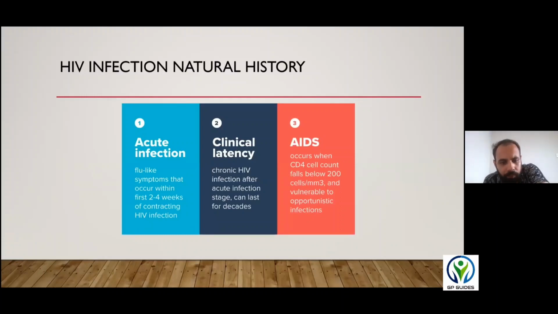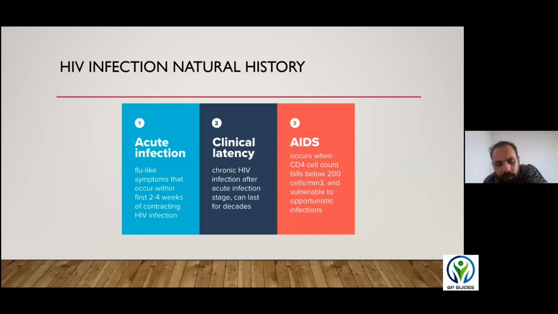You know that HIV infection is acquired through blood, body fluids, sexual transmission, percutaneous exposure, mother-to-child transmission, etc. There will be an acute infection, which can manifest as flu-like symptoms, occurring within the first 2 to 4 weeks of contracting the virus.